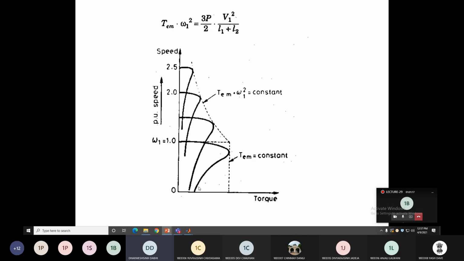Now assume that speed is increased by increasing the frequency of the induction motor. In the x-axis the speed is given in per unit. As you move in the y-axis upward, speed increases by increasing the frequency of the induction motor. So you can see that at this frequency or at this speed, the torque speed characteristic will change.